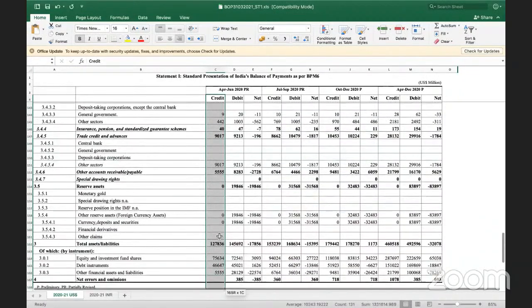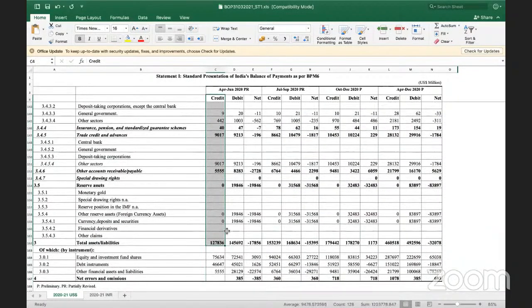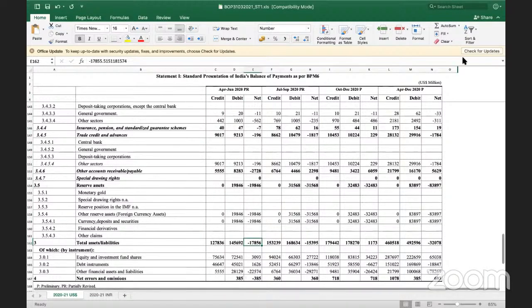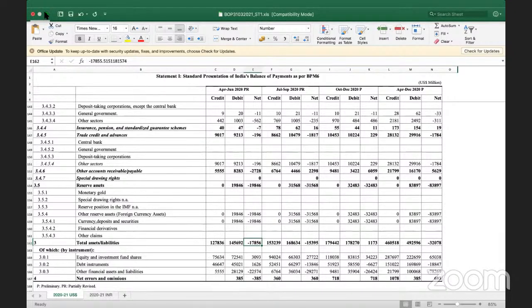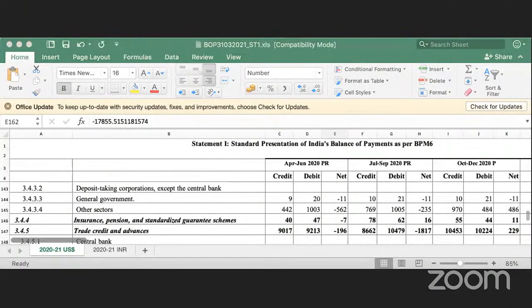In terms of credit, but in terms of the net, it is minus 17,856, a negative balance of payment. That means our imports are more than the exports. That's an indication. Our imports are more than the exports.